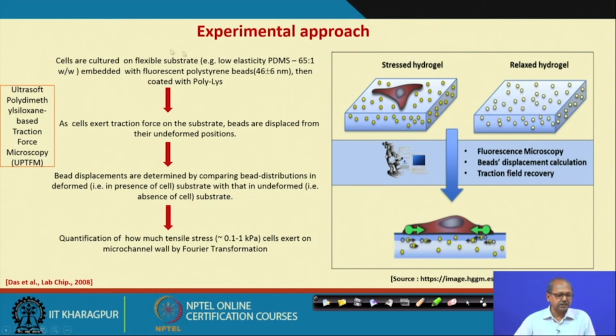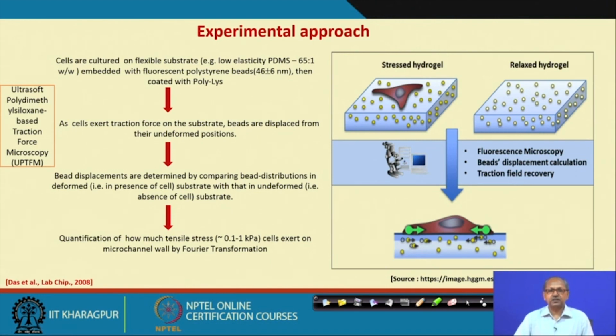We have generated an ultrasoft polydimethylsiloxane-based traction force microscopy, that is, UPTFM. The beauty of this system is that the PDMS we layered on the glass surface is very thin, made with a 65:1 ratio of polymer to curing agent instead of 10:1, and it is embedded with fluorescent polystyrene beads of 46 plus minus 6 nanometers.